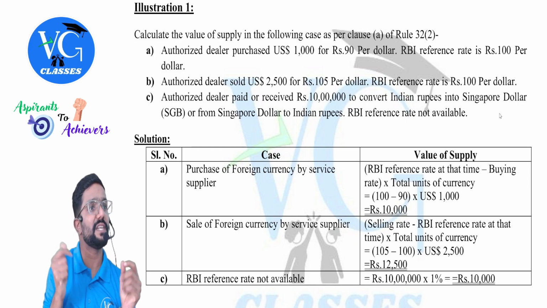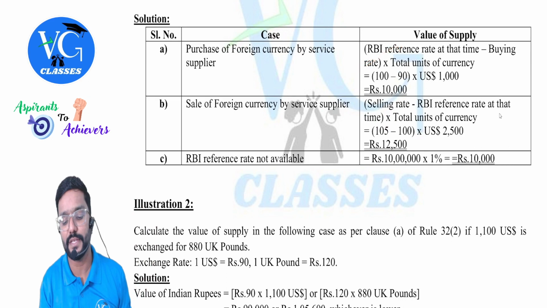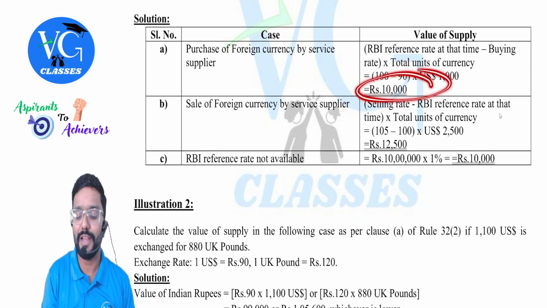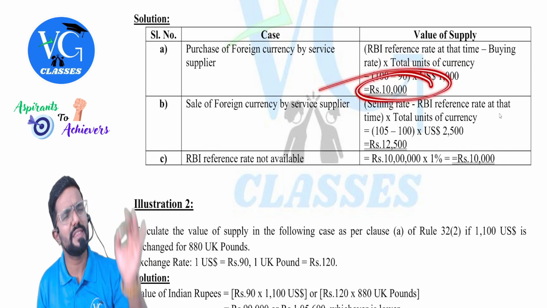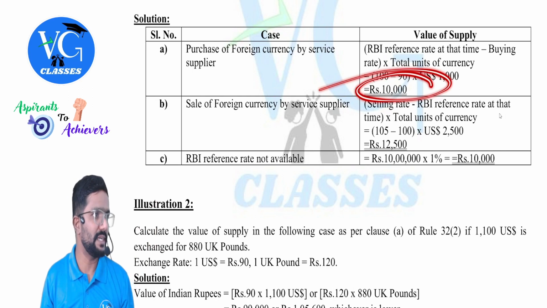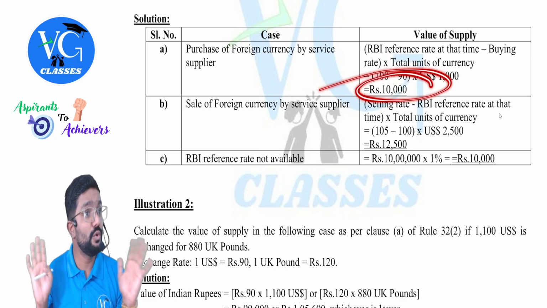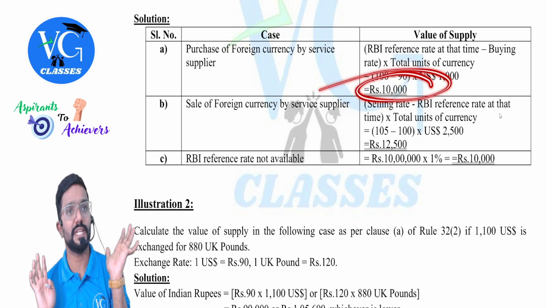So what is your profit margin, guys? 10 rupees. So for an authorized dealer, the value of supply is 100 minus 90 into how many dollars you exchange? 1000. So what is your value of supply? 10,000. It is nothing but your profit margin, guys. Clear? Because by mistake you might take entire exchange value. Don't do that. Only the profit margin.